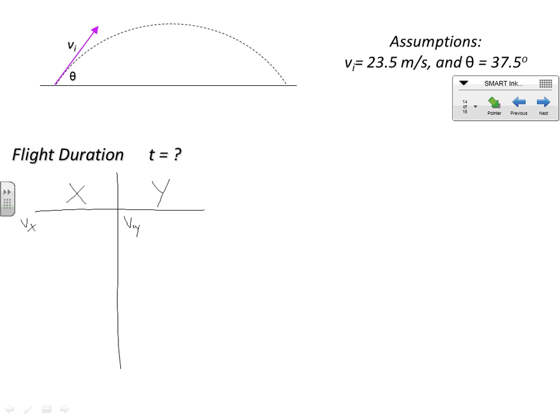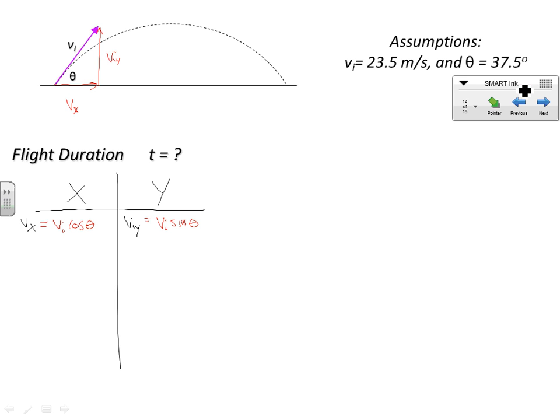Hopefully we remember that if we draw this triangle, here's Vx, here's VIY. We've got to be able to do this. Vx is Vi cosine theta. VIY is Vi sine theta. Hugely important. And most of you, like I said, on the quiz, seem to do very well with that. That's great.